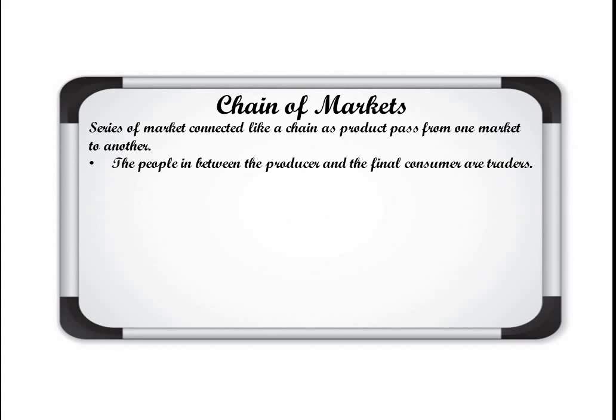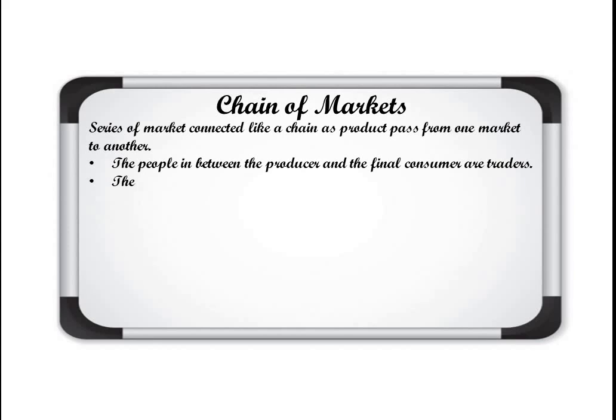But when he sells that, obviously he will get a profit also. Suppose he is selling it at 50 rupees per pencil box, so he is getting 10 rupees profit per pencil box. So these are the traders in between the producers and final consumers.